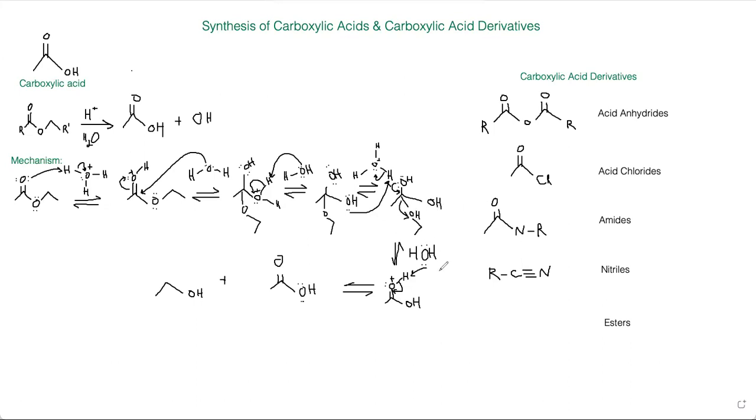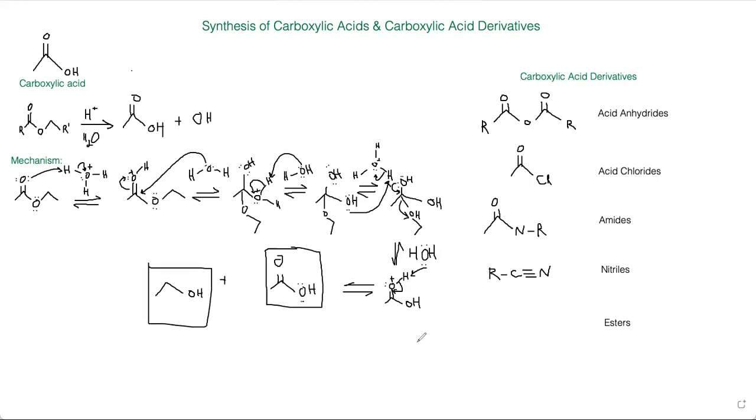So then the last step after the elimination of ethanol is the deprotonation of that oxygen atom at the top of the molecule, which leaves us with a carboxylic acid here. And in this particular case, ethanol.